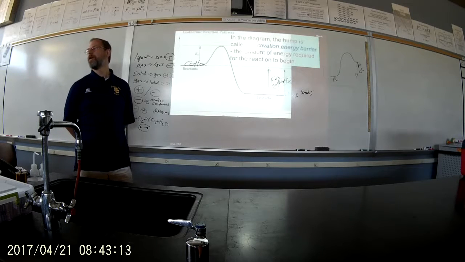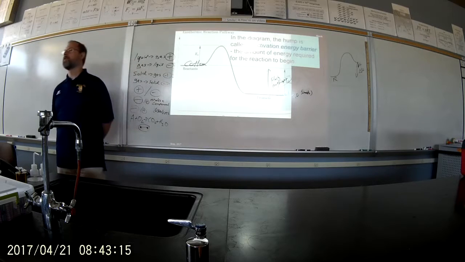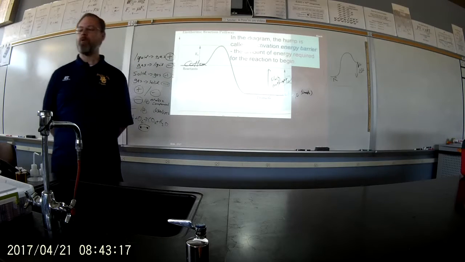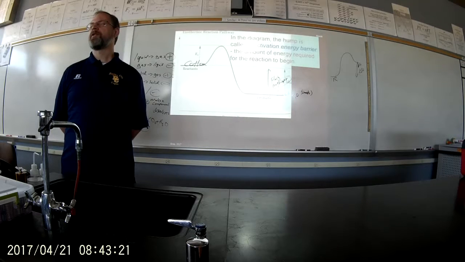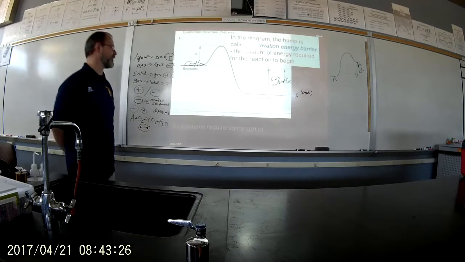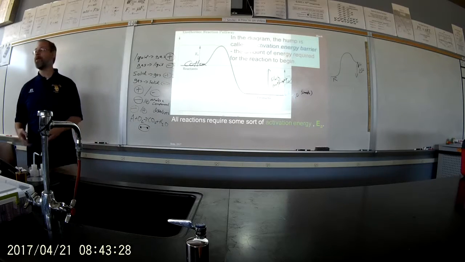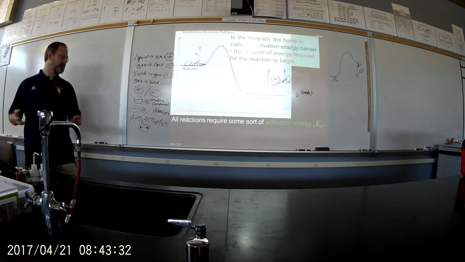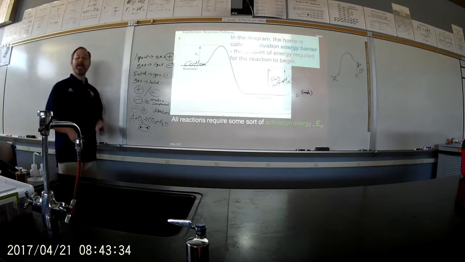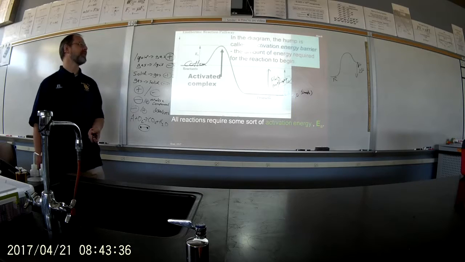Okay, I bet you can figure out what the energy to overcome the energy barrier is called. What do you think it's going to be called? Exactly, activation energy. The energy required to overcome the activation energy barrier is called the activation energy. And what it creates is called the activated complex.